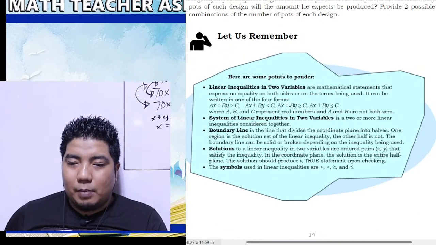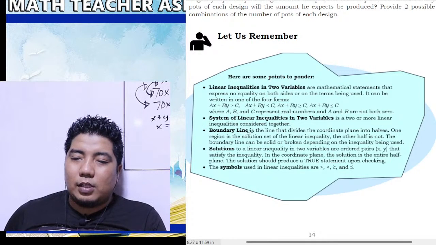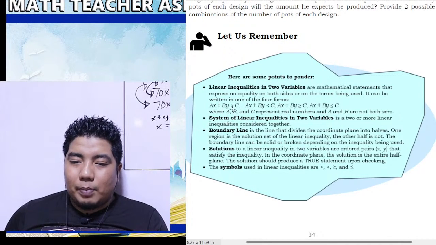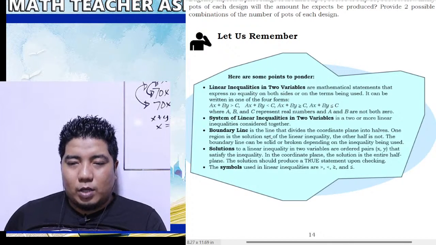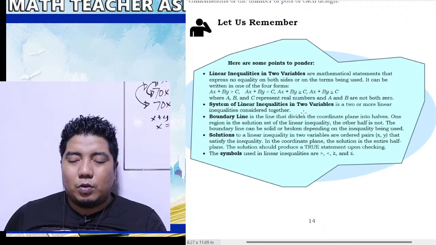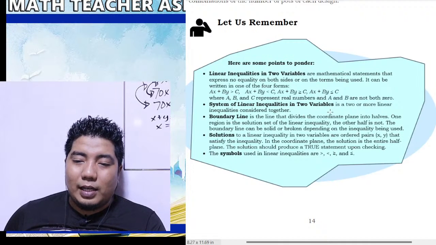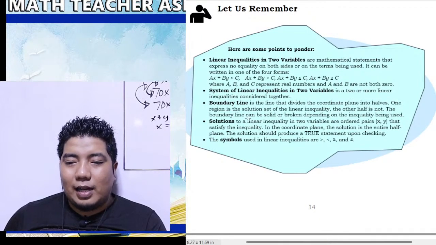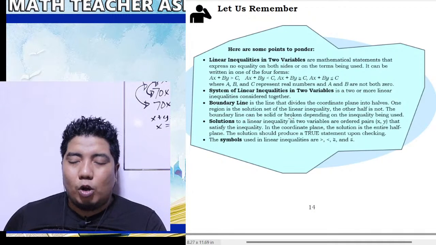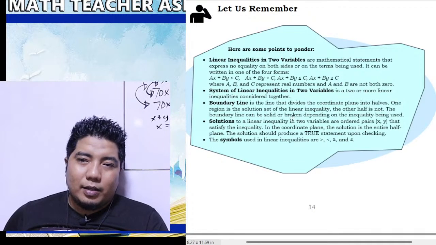So, always remember, ito naman, that the linear inequalities in two variables can be represented by the greater than, the less than, the greater than or equal, and the less than or equal. Then, the systems of linear inequalities, that is the use of two or more linear inequalities considered together. And then, the boundary line, that could be a solid line or a broken line.